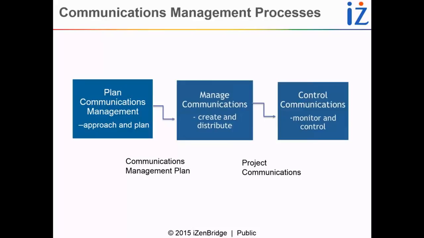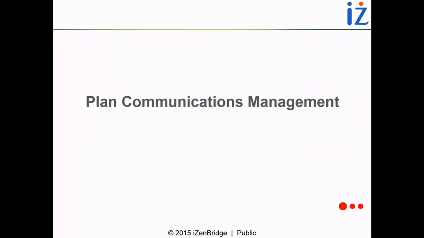So that's basically the flow of the communications management knowledge area. Plan, manage, and control. So the third agenda item, and as I said, this is what I'm going to focus on today, is the plan communications management process.